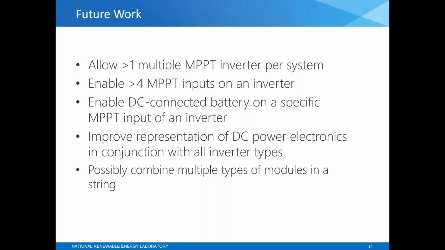And that's mostly a user interface limitation. It will require some fairly significant user interface redesign in order to make that possible. So we wanted to take smaller steps towards that level of flexibility with this release and start with not quite as massive of a user interface change. But we do hope to be able to enable that in a future version of SAM.